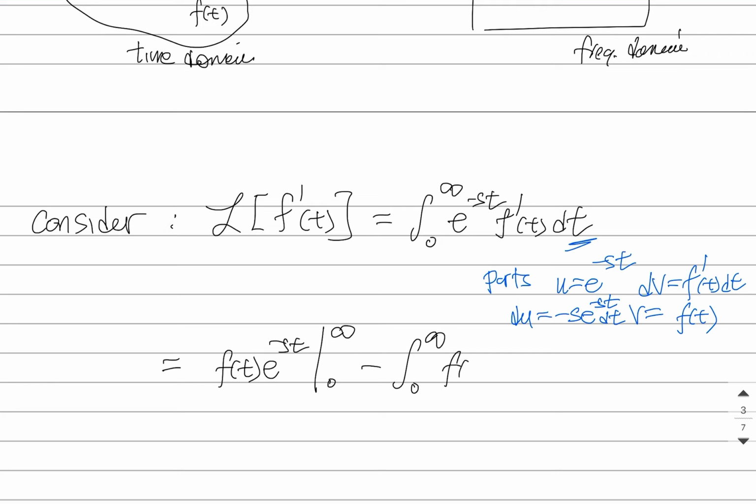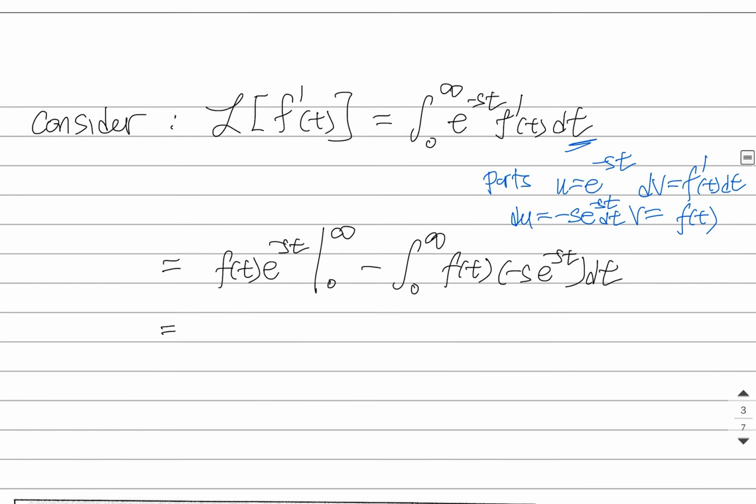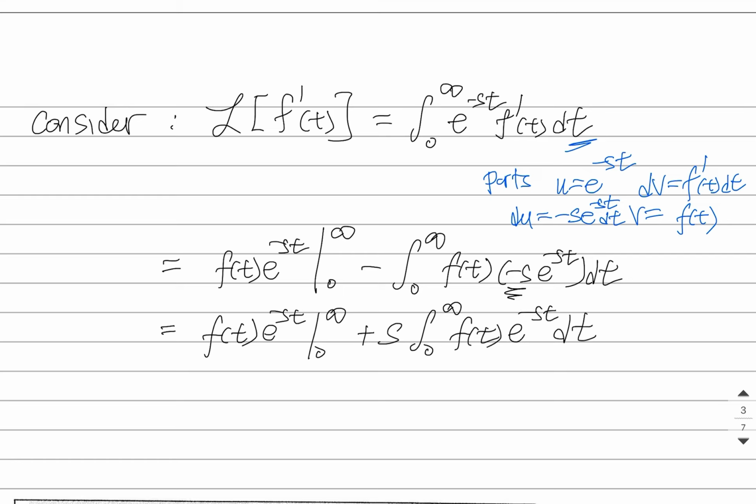So it'll be f of t negative s e to the minus st dt. Now there's a little bit of work we can do here to manipulate things. 0 to infinity, we're going to take out this s, so we'll have positive s, 0 to infinity, f of t e to the minus st dt.